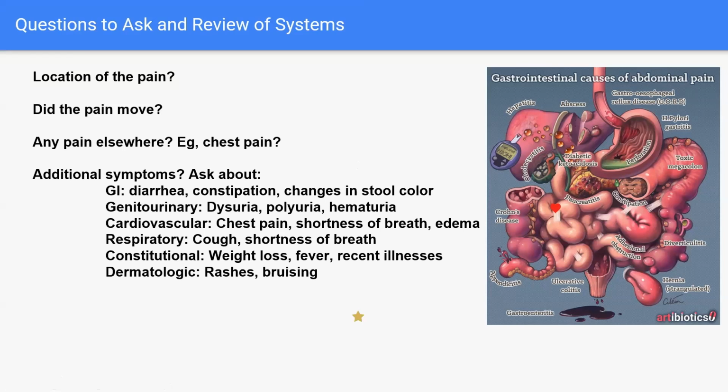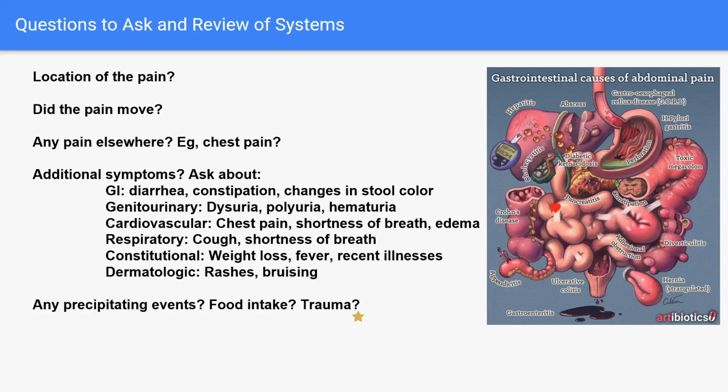So going through the review of systems and asking about things like constipation, even with the urinary system, is he having any pain with urination, any blood in the urine, all the cardiovascular stuff. So just being very thorough in your questioning.